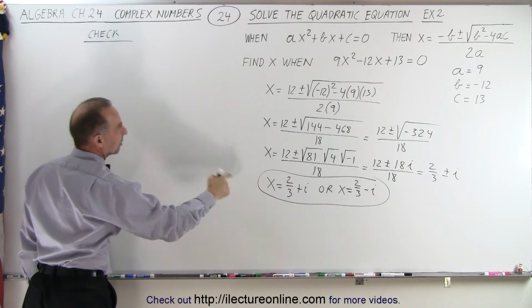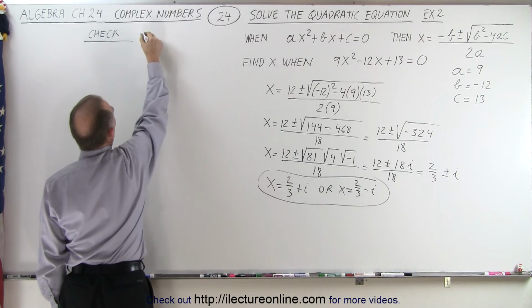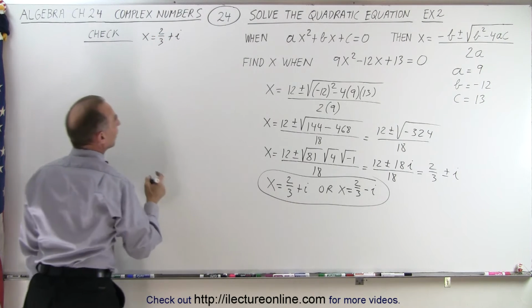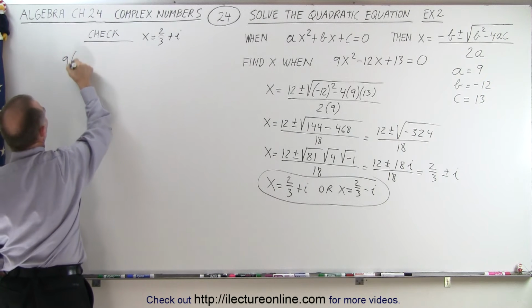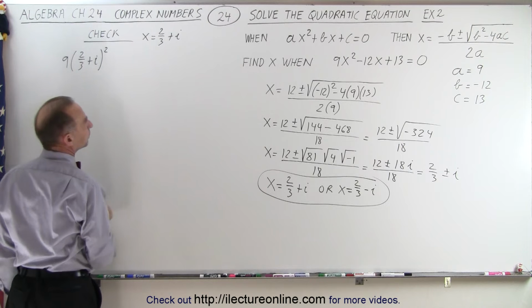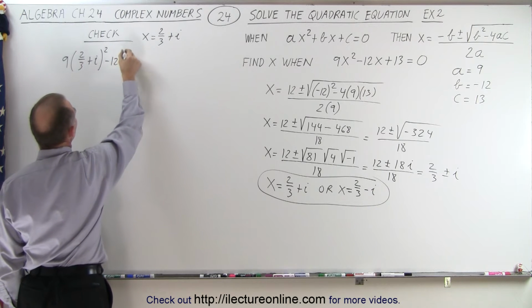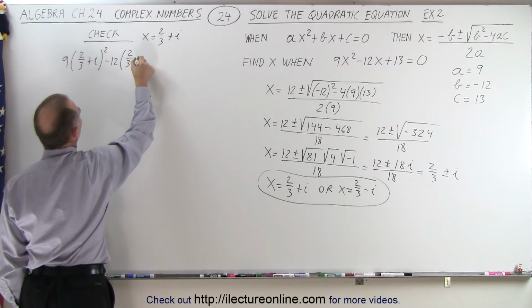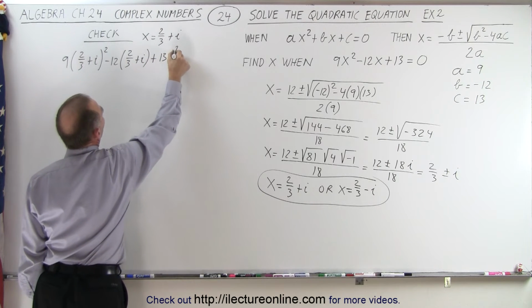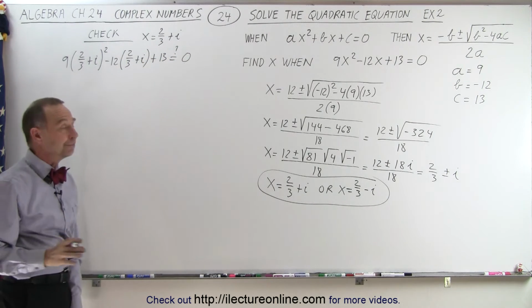So, to check, let's plug in x equals 2/3 plus i. When we do that, we get 9 times 2/3 plus i squared minus 12 times 2/3 plus i plus 13, and is that equal to 0? That's what we're trying to find out.